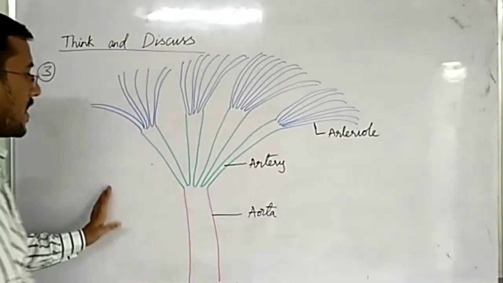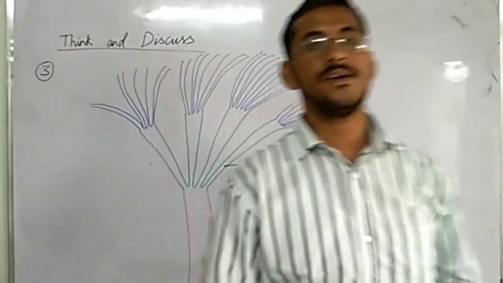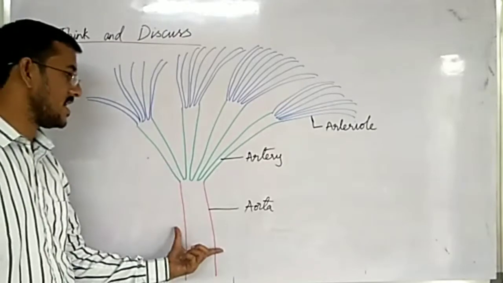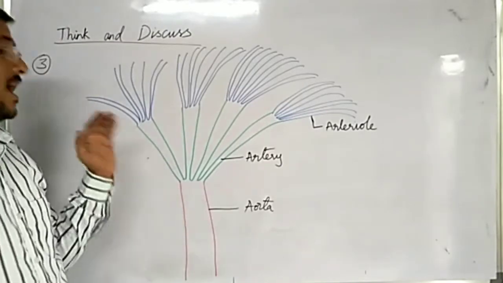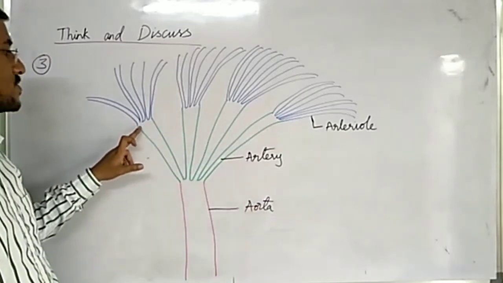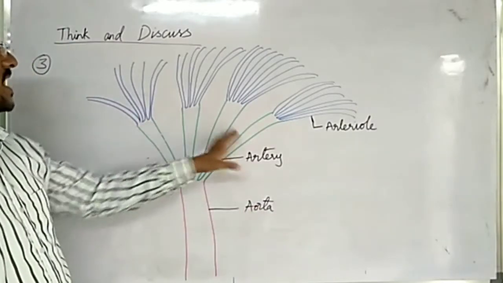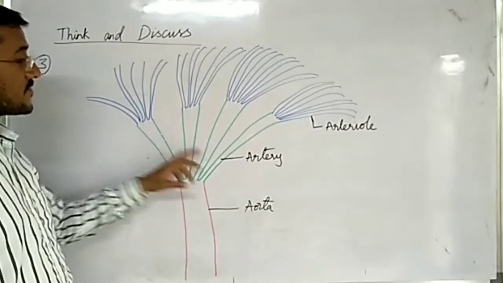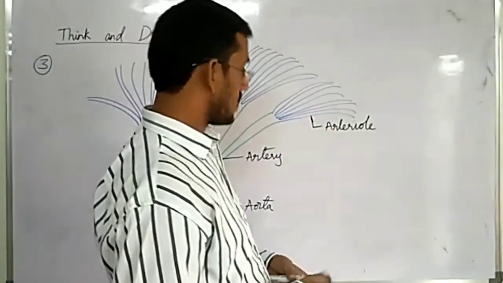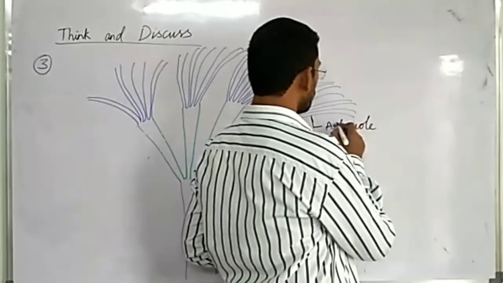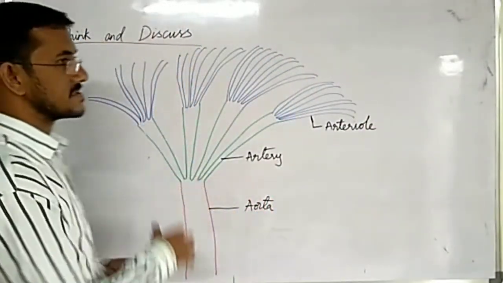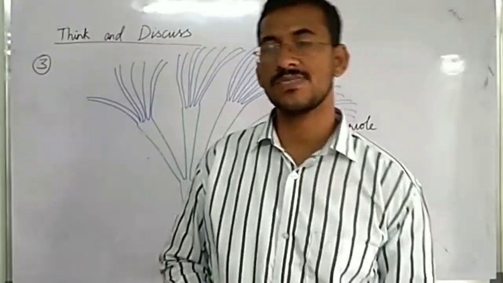That's why we compare arteries with a tree. The aorta is very big, and many arteries are connected to it, and again, for each artery, many arterioles are connected, and they look like a tree. That's why we compare artery with tree.